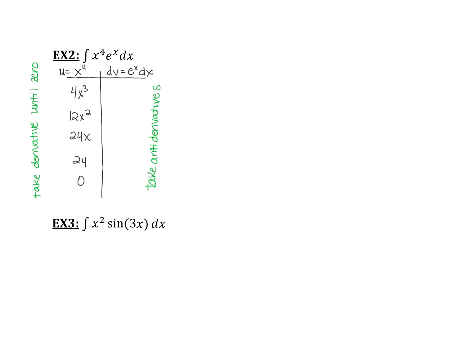Our antiderivative won't get to 0, but I'm going to take antiderivatives until I get to 0. So the antiderivative of e to the x, this is a great one, by the way, is just e to the x. Keep going with antiderivatives. Each time, effectively, what I'm doing is taking this antiderivative with respect to dx. And I'm going to continue that pattern all the way down.